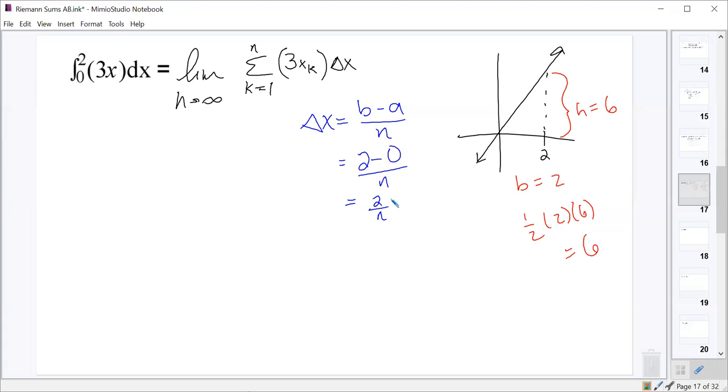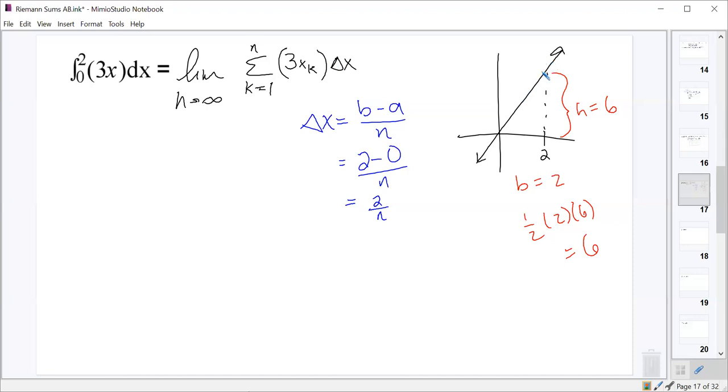So we're going to be able to replace the delta x with 2 over n in just a second. We also need to figure out what is x sub k, right? And x sub k is just how far over we've gone from a in the kth subinterval, so in any arbitrary subinterval, to go up 3 times that to find the height of the rectangle.